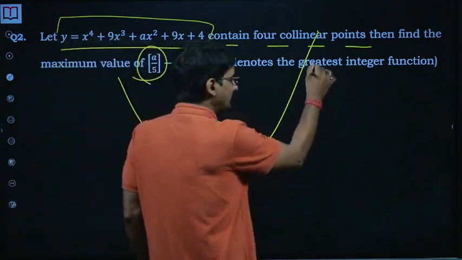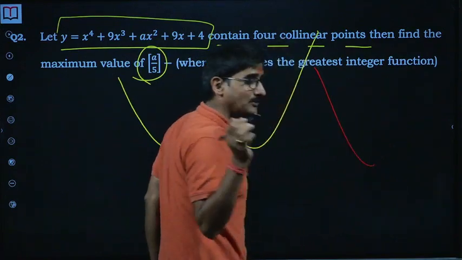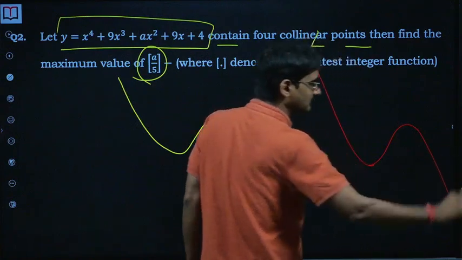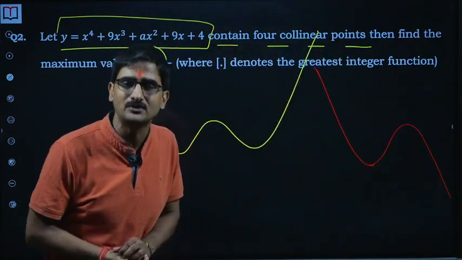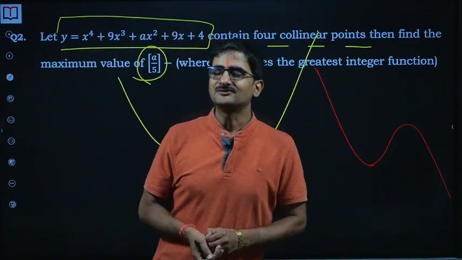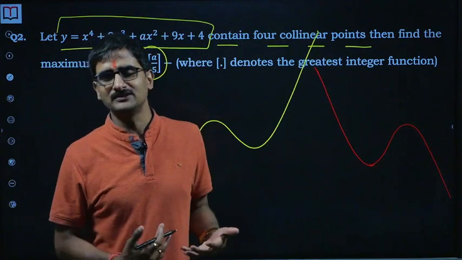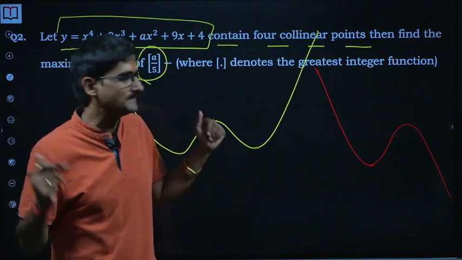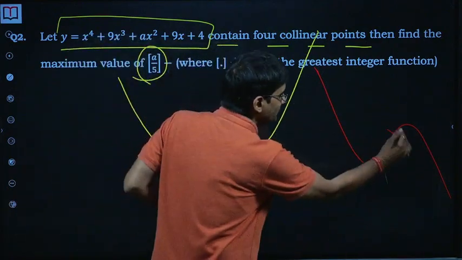Let's try. If I draw a 4-degree polynomial curve with 2 turns, that means after the second turn it has to go to minus infinity. It's not possible. Why? Because it's an even degree polynomial, so at both infinity and minus infinity it approaches the same infinity. So with positive leading coefficient, that's not possible here.